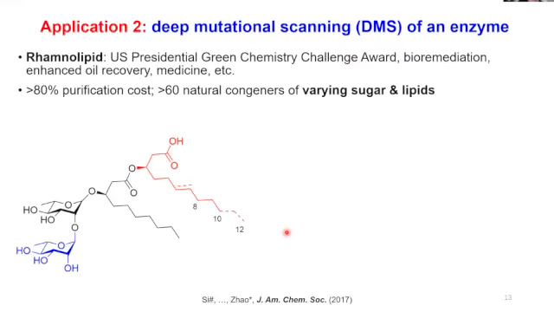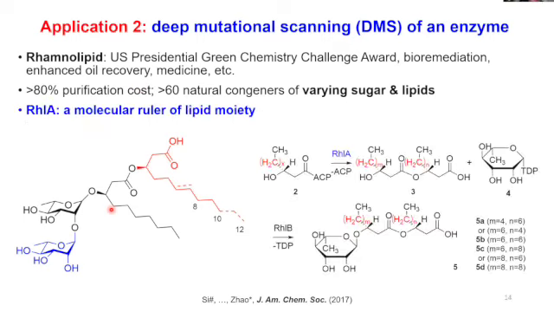Then we have another, similar example, but this time we focus on an enzyme. We focus on rhamnolipids, which are considered next-generation biosurfactants, but currently they are produced as a mixture, so there's a large purification cost preventing wide utilization. The main variation in rhamnolipid molecular structures is the lipid moiety.